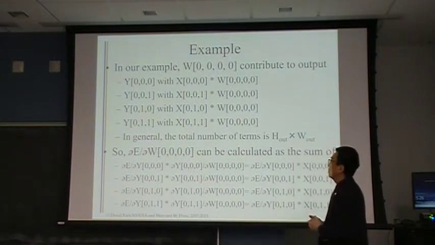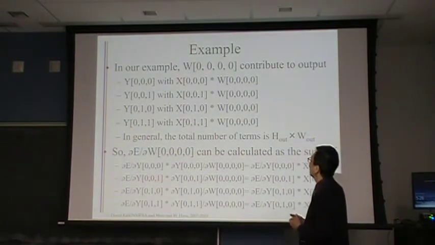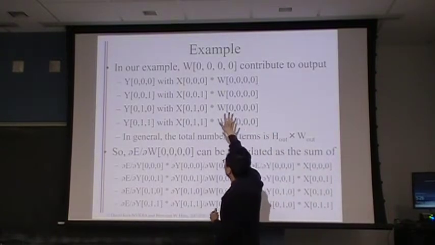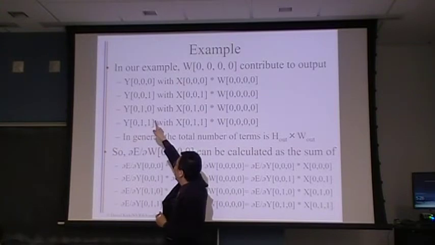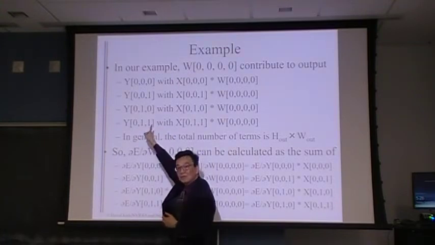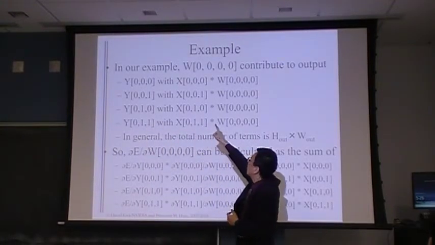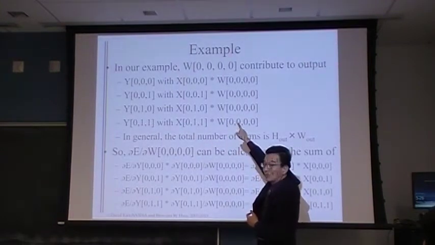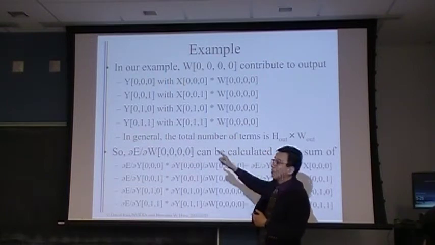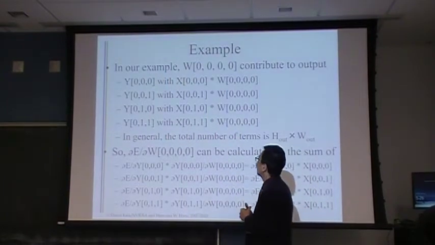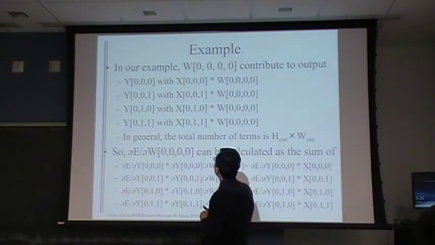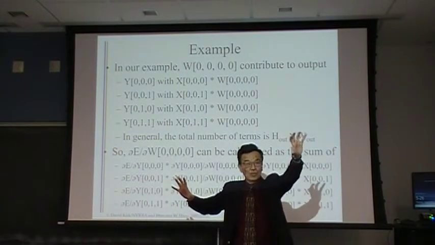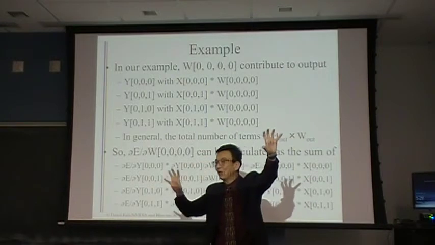So now let's take a look at how it works. w0000 is going to contribute to y000, y00, through the multiplication with x00. Remember, w is in between a particular input feature map and a particular output feature map.